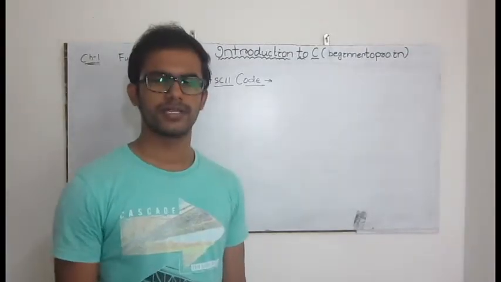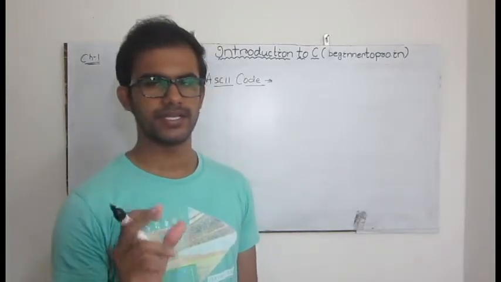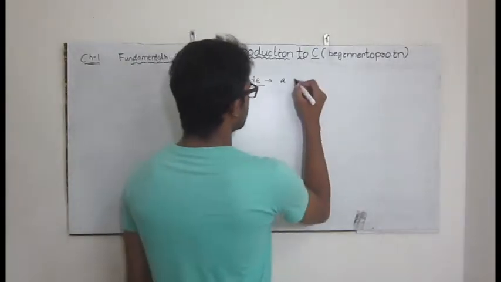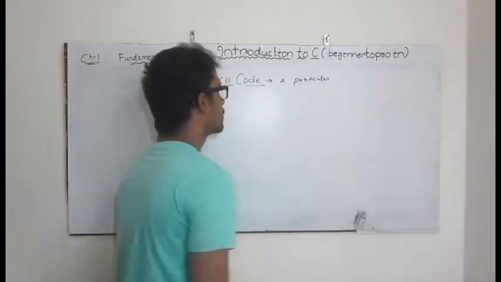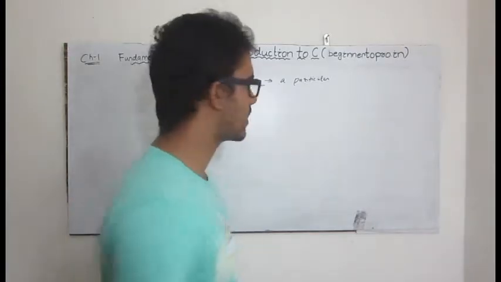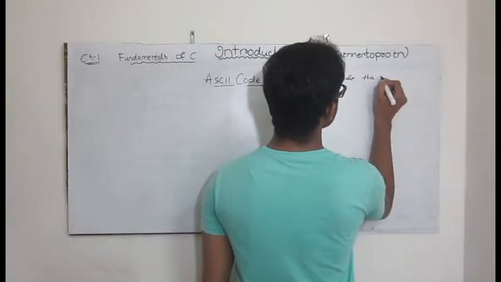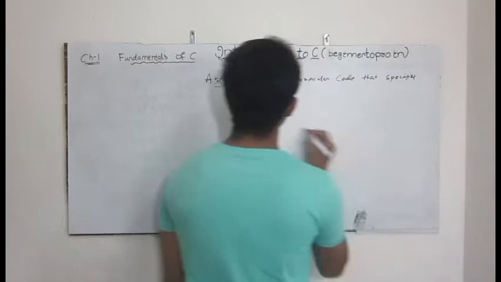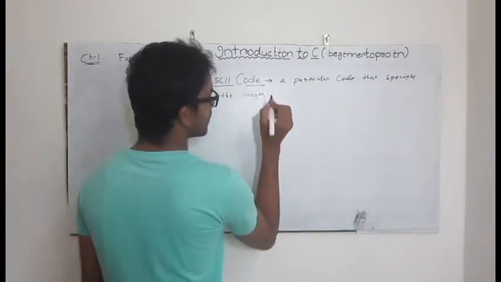The ASCII code is nothing but a particular code that specifies the integer representing each character value.